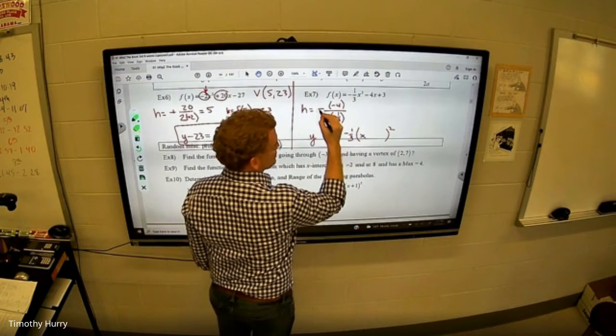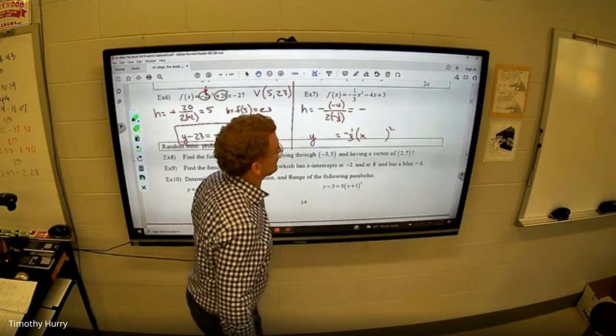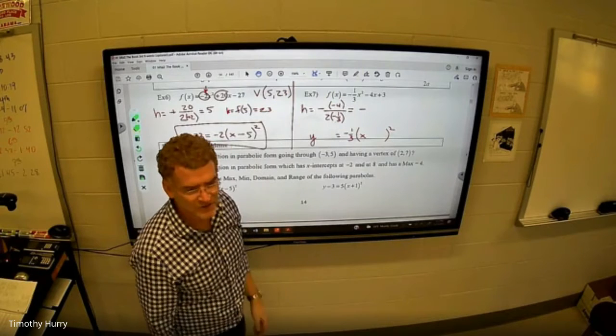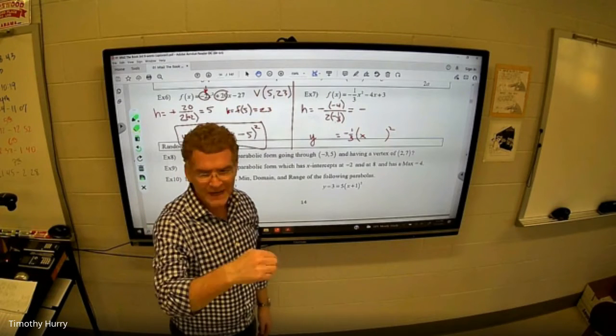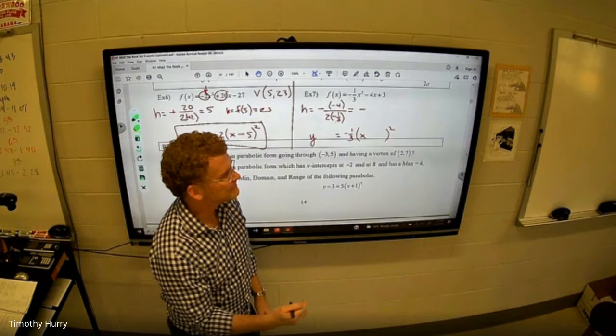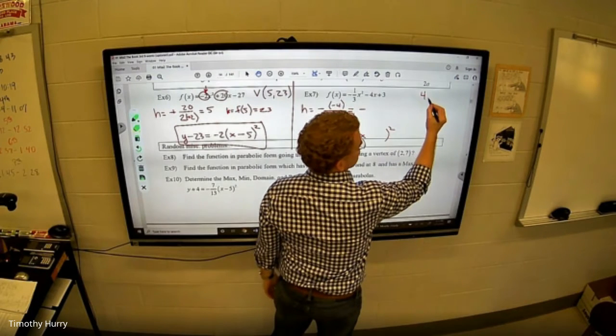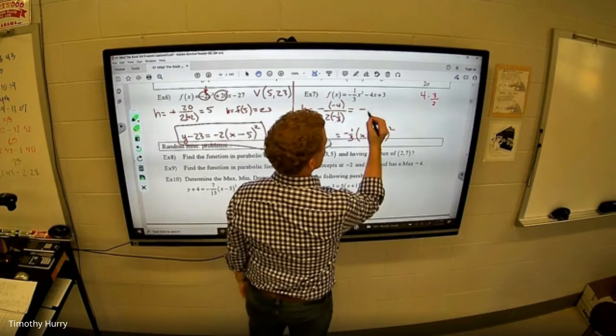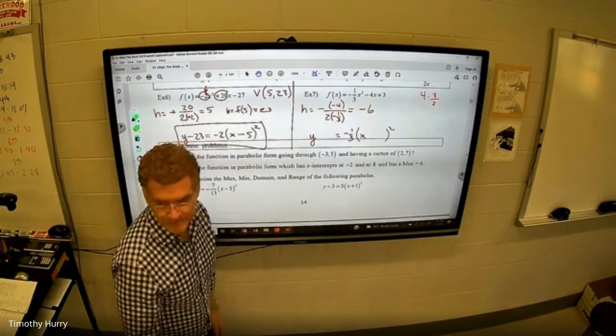Now that's 3 negatives, so I know I'm going to end up with a negative. So let me ignore the negatives for a second. I have a 4 divided by a 2/3. How do I take 4 and divide by 2/3? I multiply by 3/2. So that would give me what? 12/2, which is 6. So -6 is my h.